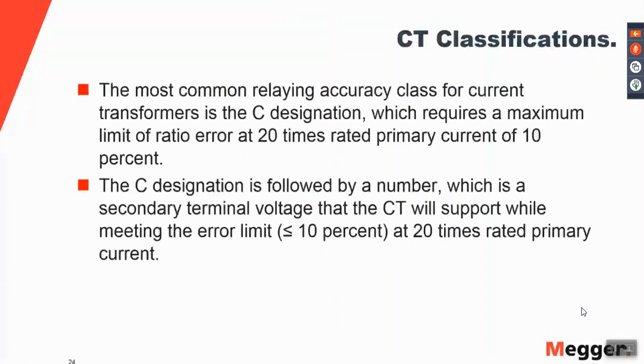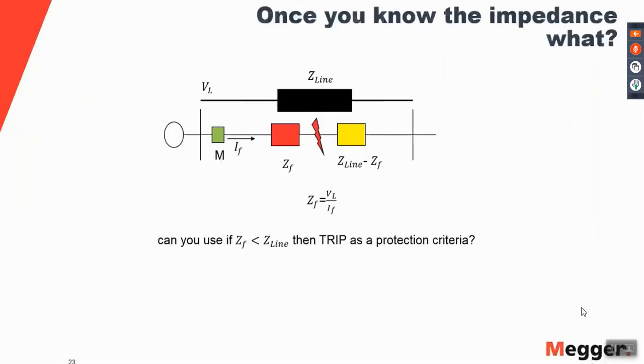Let's go and talk about, just for a minute, CTs. And why do I talk about CTs? Because remember the equation that we came up with for the impedance? The equation always includes the amount of current that's circulating. How does the measurement device know how much current is circulating through the line? Well, it does so by using the CT as its interface to the system.